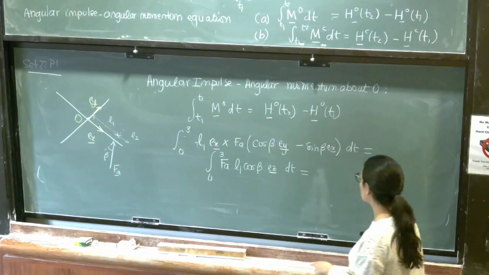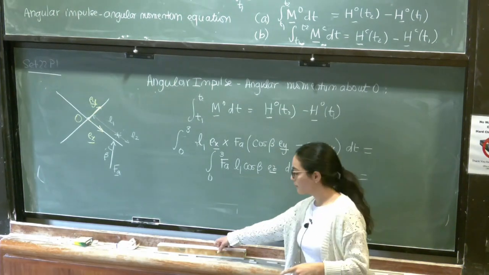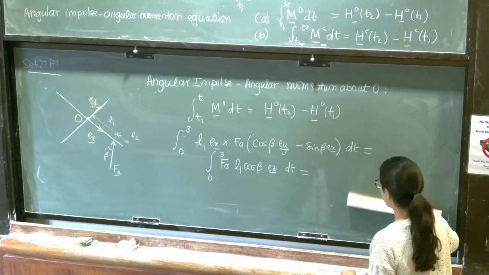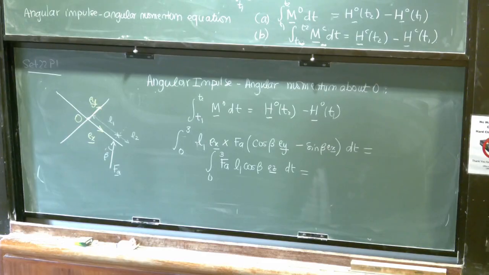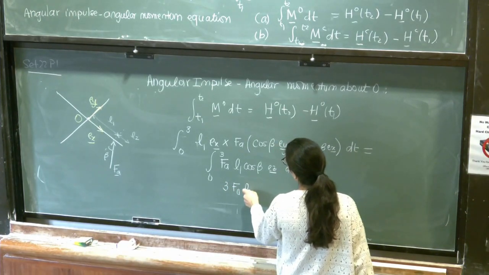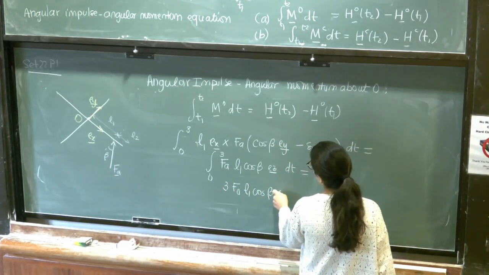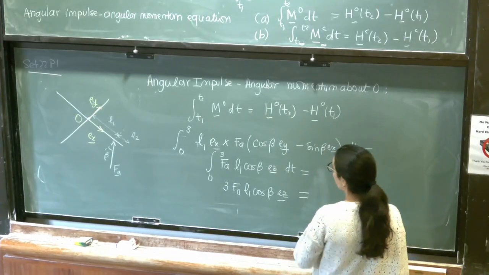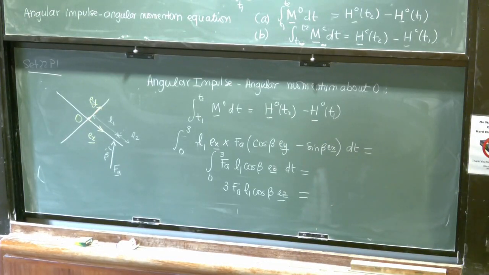What does this integral evaluate to? It's constant, does not depend on time, so it's just 3 times FA L1 cosine beta EZ. Okay, so that's the left-hand side of the equation, all done, all simplified.